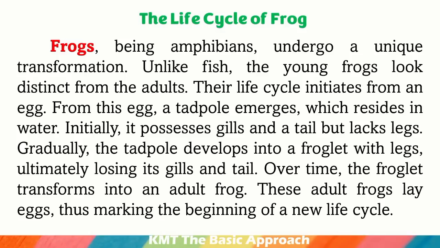Initially, it possesses gills and tail but lacks legs. Gradually, the tadpole develops into a froglet with legs, ultimately losing its gills and tail. Over time, the froglet transforms into an adult frog. These adult frogs lay eggs, thus marking the beginning of a new life cycle.